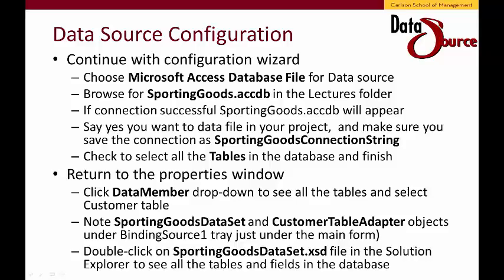We'll select all the tables to be included in this connection, and then we're going to use the data member property of that binding source connection to select the customer table, which will then create a customer table adapter object to connect to the sporting goods data set and establish the connection between the VB project on one hand and the database on the other.